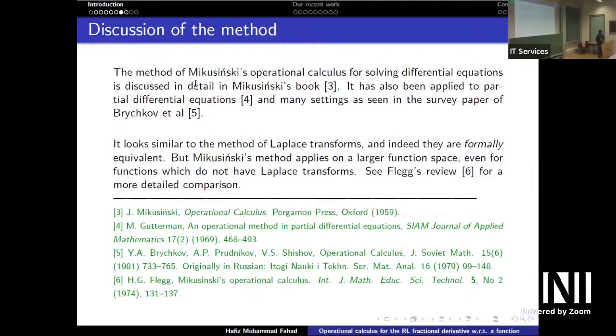Okay, any other questions? So my question is on the definition of the generalized Laplace transform. You have this kernel, this function e to the minus s psi of x.